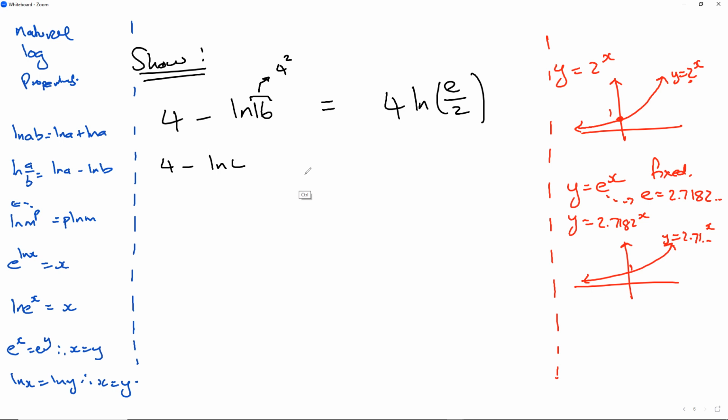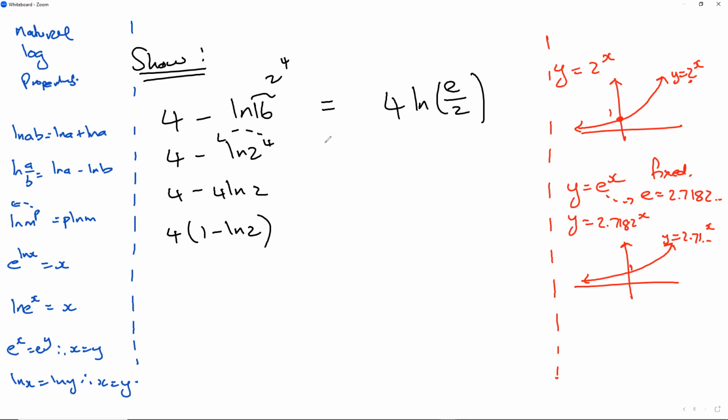Because if I change it into base 2, then it'll become 2 to the power of 4, and then I can factorize that out. So 4 ln 2, bringing the 4 to the front, would be better. Taking out 4 as a common factor, and then leaving that as that, 1 minus ln 2, which is a value.